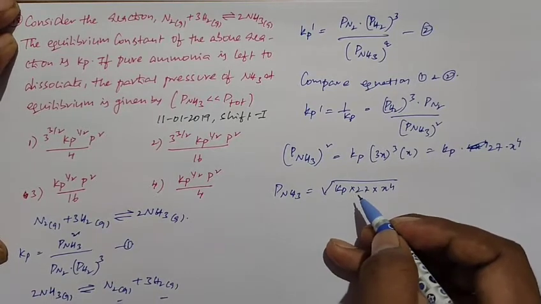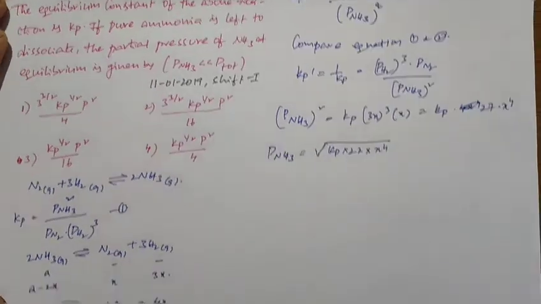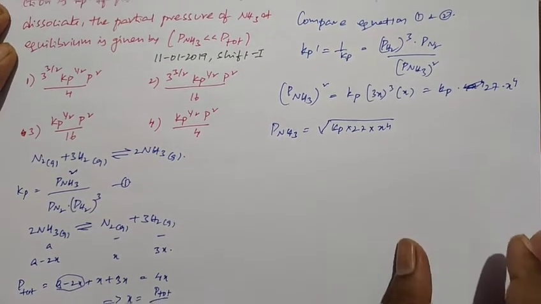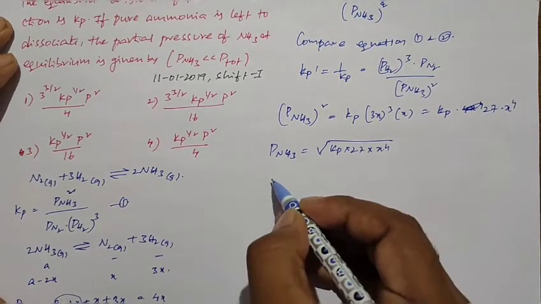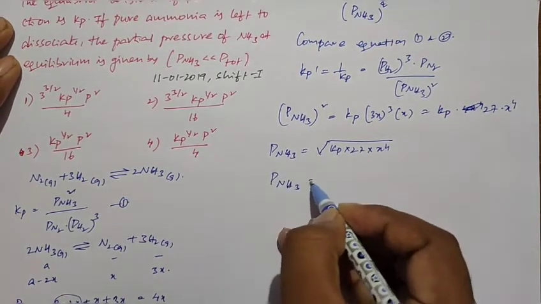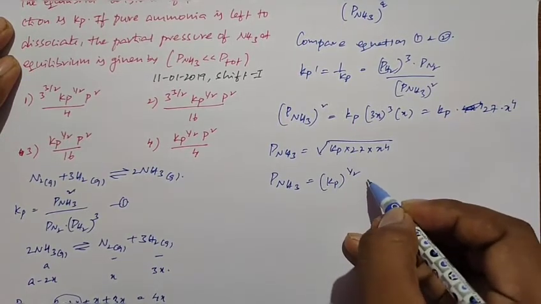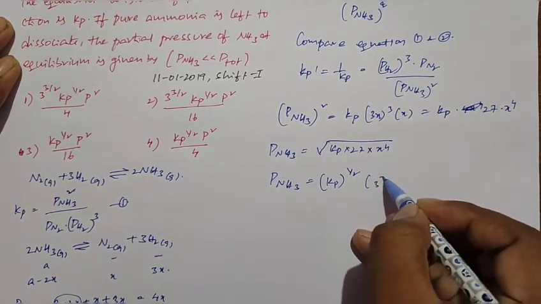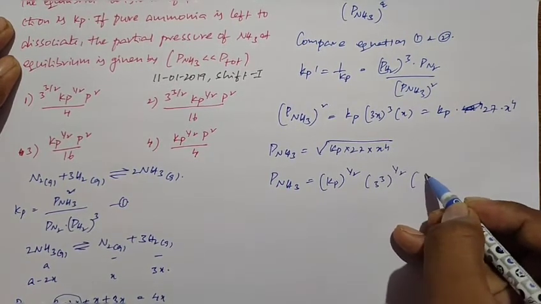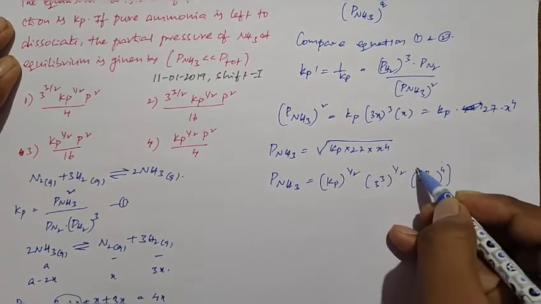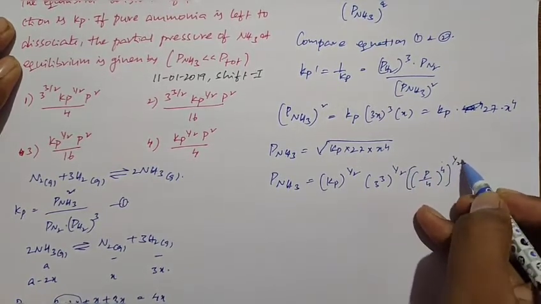So if you see here, P total is equal to 4x. Based on this, x is equal to P total by 4. Substitute this value in place of x. Then PNH3 is equal to Kp whole power 1 by 2, into 27, written as 3 cube whole power 1 by 2, into x power 4 whole power 1 by 2, with P by 4 substituted for x. Then the 2 will be cancelled.